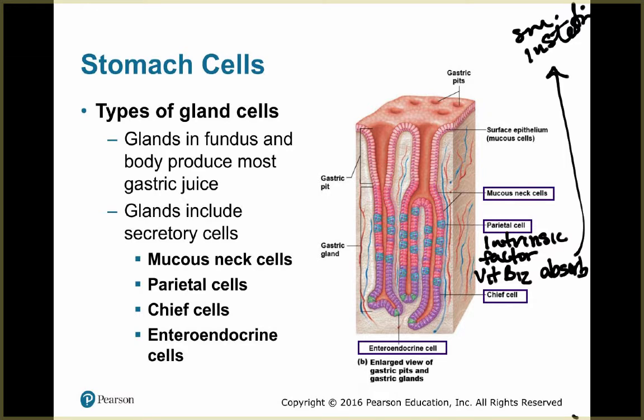Now the chief cells secrete two things. The first thing they secrete is pepsinogen.